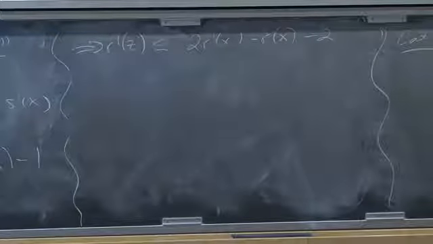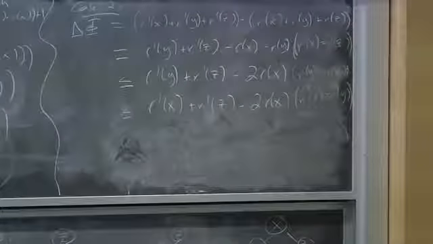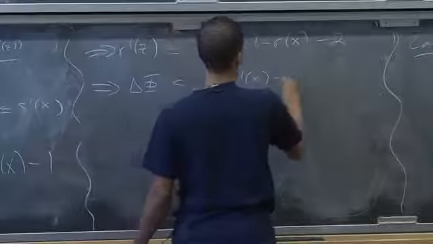Now we plug that in for r prime of z there. We get 3r prime of x minus 3r of x minus 2. So this all implies that delta phi is at most 3r prime of x minus r of x minus 2.